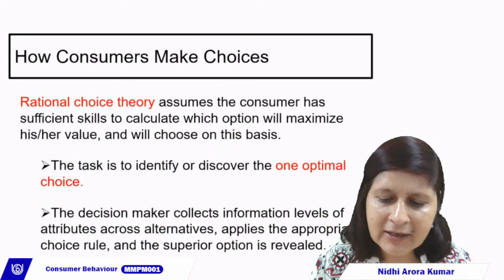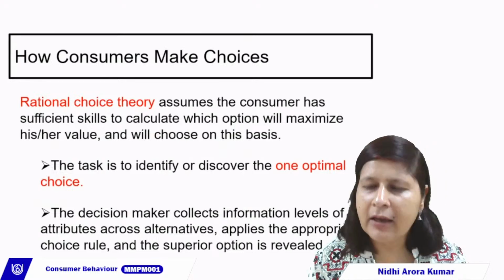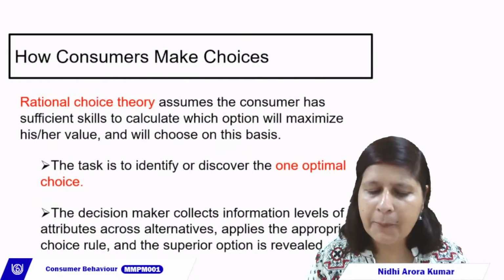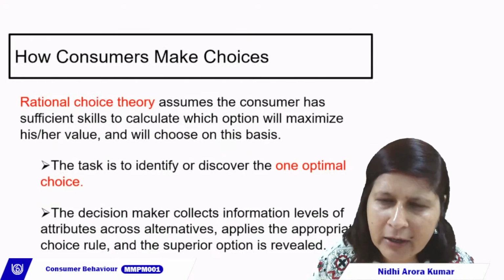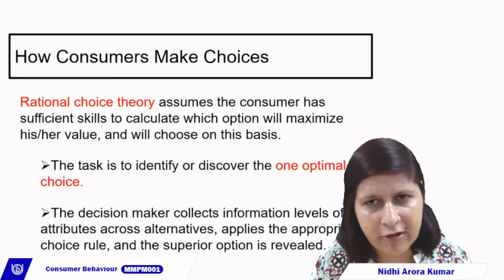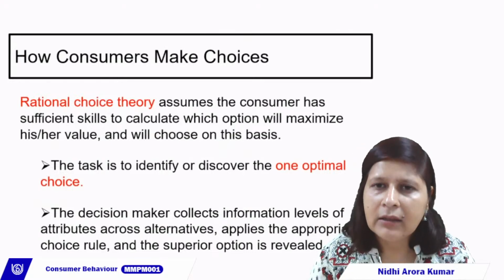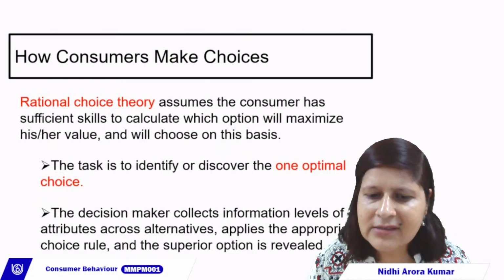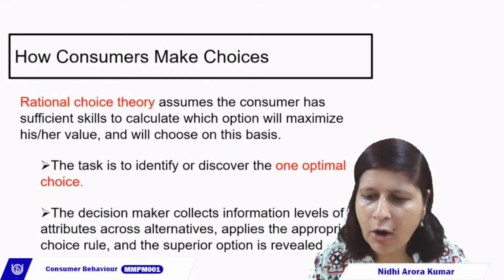The decision maker collects the information on levels of attributes across alternatives, applies the appropriate choice rule, and the superior option is revealed. So this theory states that the consumer is intelligent enough and has skills to calculate the options, right?